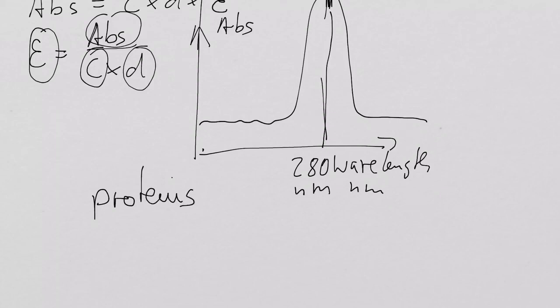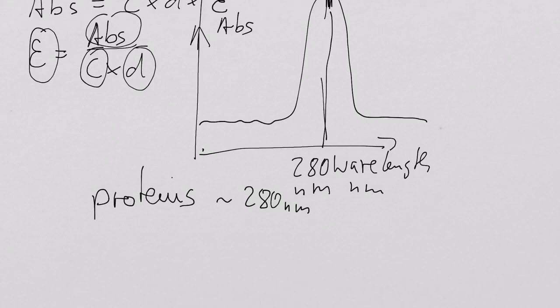proteins usually absorb ultraviolet light at roughly 280 nanometers. This is due to electrons from aromatic amino acids being kicked. What aromatic amino acids do you know? Phenylalanine. What else? Tryptophan.